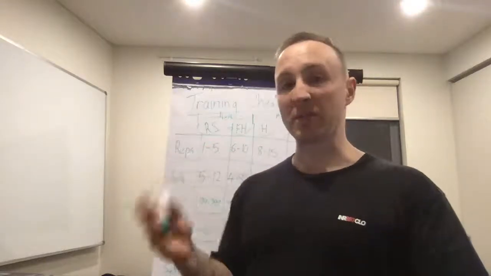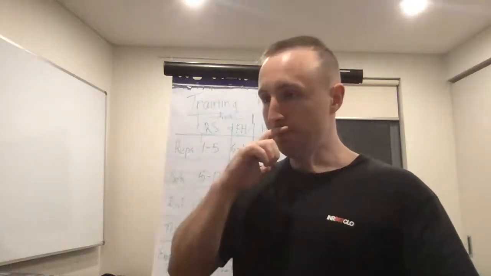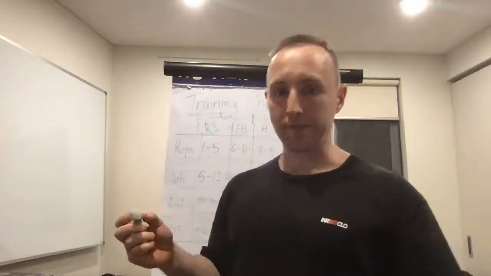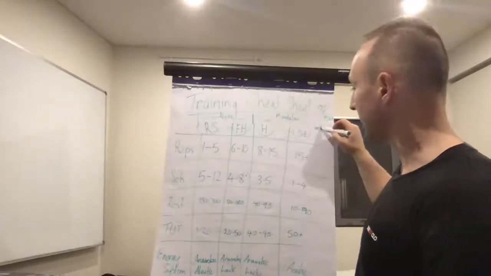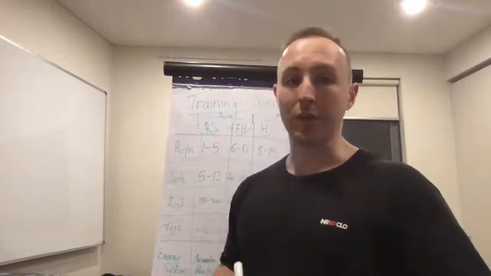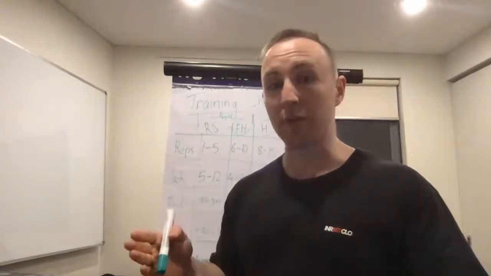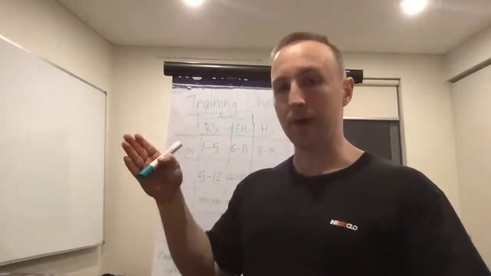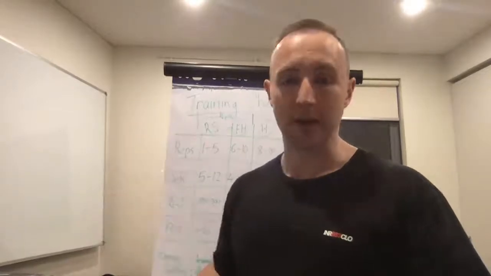So maybe you want to pick up a skill, get better at back squats. And let's think of it this way. If you were to do, say, strength endurance is about 40% of your max. Now, your max is 100 kilos. If you do 90% of that, you can do, say, 3 reps, down, up, down, up, down, up.